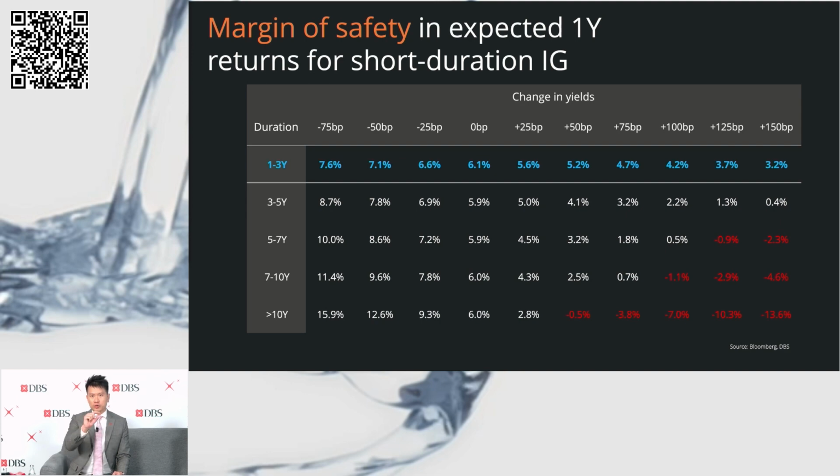If you look at the 1 to 3 year bucket of bonds, notice that interest rates can go all the way up to 150 basis points higher, and your total returns in this short duration segment are still not negative, right? So again, this short tenor bond bucket is a very insulated portfolio against the volatility of interest rates that you're seeing today, right?